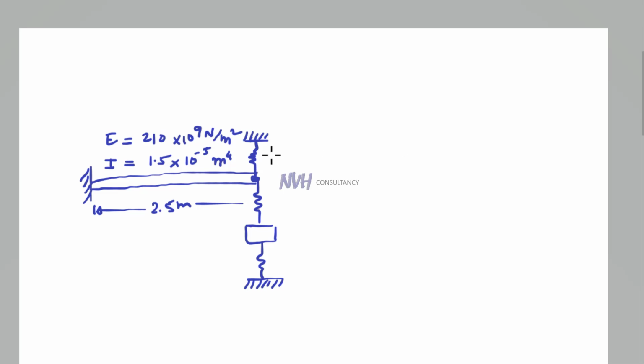The spring stiffness is also given. The first spring stiffness is given as 5 into 10 to the power 5 newtons per meter. Let's call this K1. Then the second spring stiffness is given as 2 into 10 to the power 5 Newton per meter. Let's call this K2.